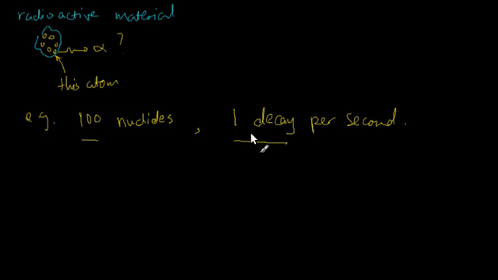So it's a kind of a probability thing. It happens by chance, but the average is kind of fixed. So it's a bit like, you know, when you wait for a bus, all right?